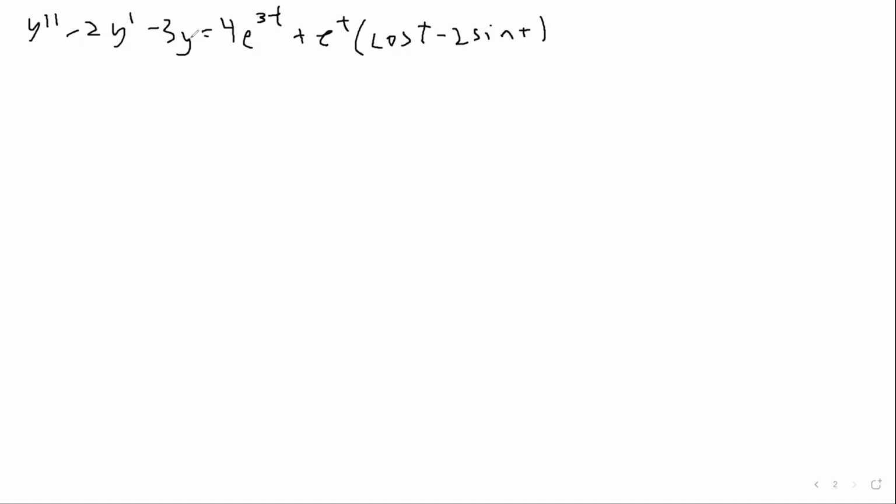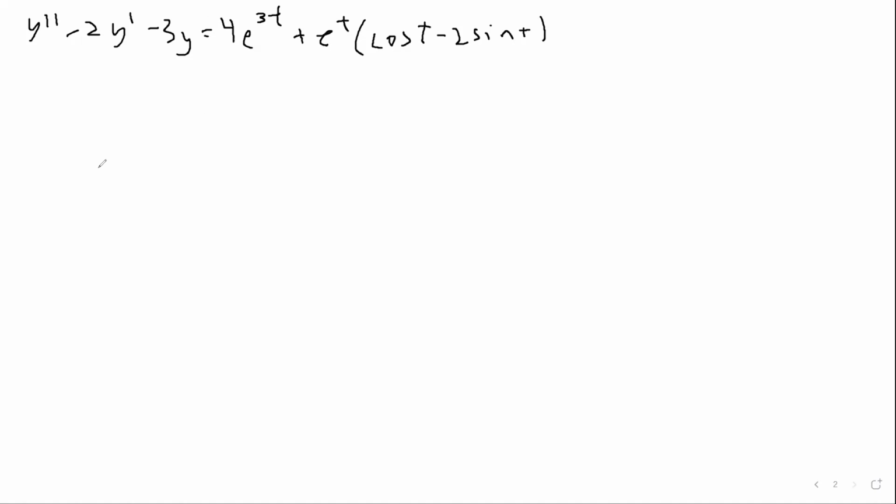If e to the 3t is a complementary solution of this whole equation, what happens if we plug e to the 3t into this equation? If it's a complementary solution, it becomes 0. But if we want a 4e to the 3t to appear on the right, how on earth are we supposed to get that if every time we plug e to the 3t into the equation it just gives us 0, no matter the constant?